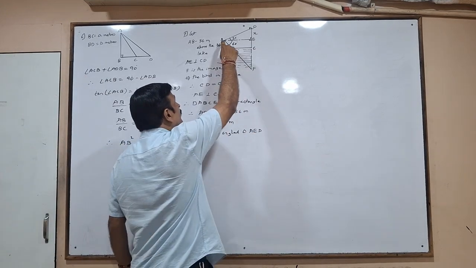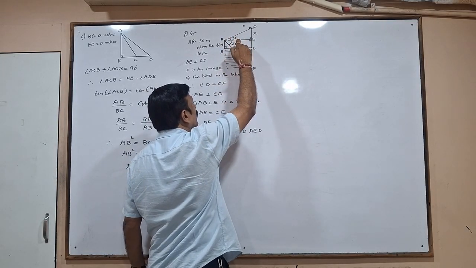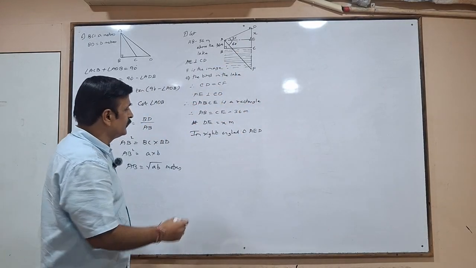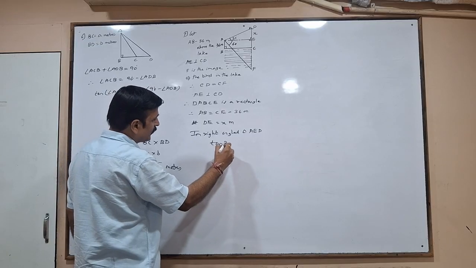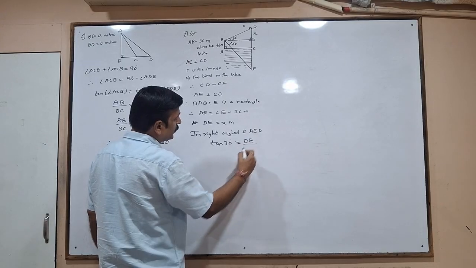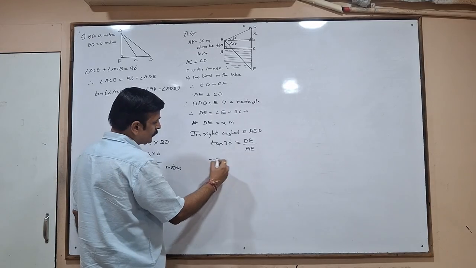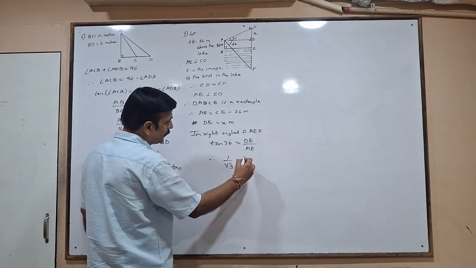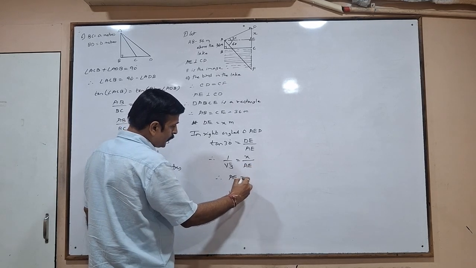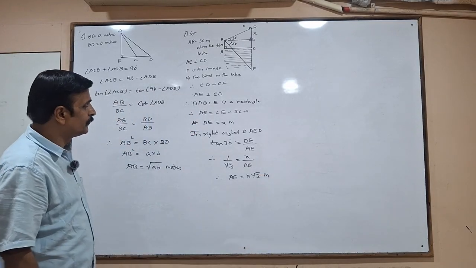Because this AE is a side common to this and this triangle. I'll get AE in terms of X. So tan 30 will be perpendicular side upon base. So it is 1 by root 3, X upon AE. So AE is X root 3 meters.